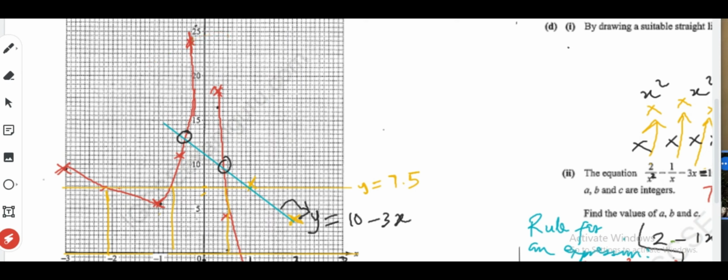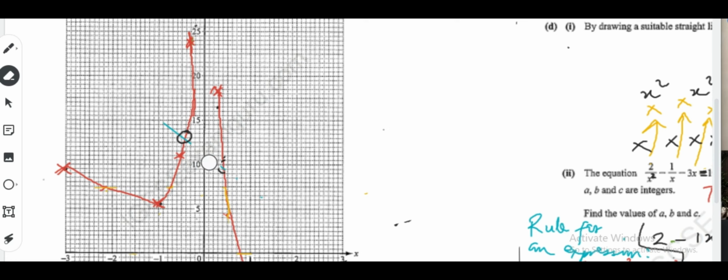So, what did the question say we should do? Let me see what the question requires us to do.